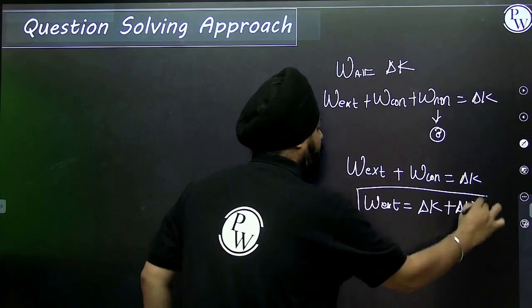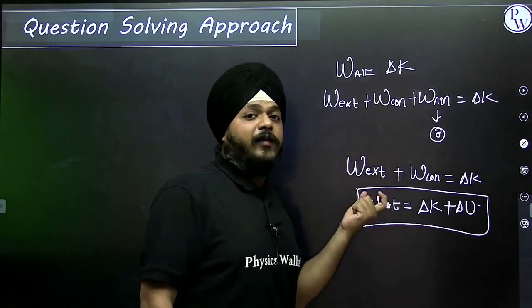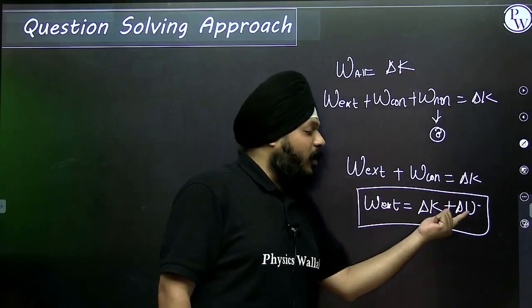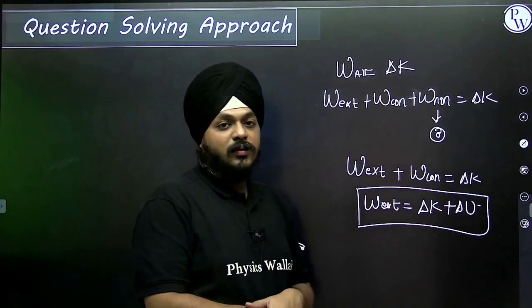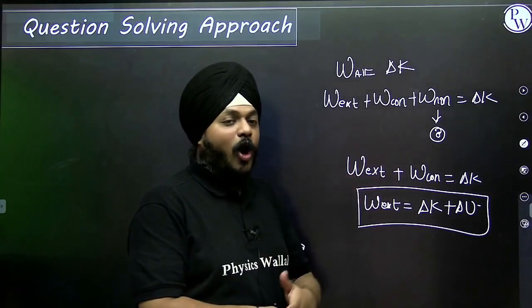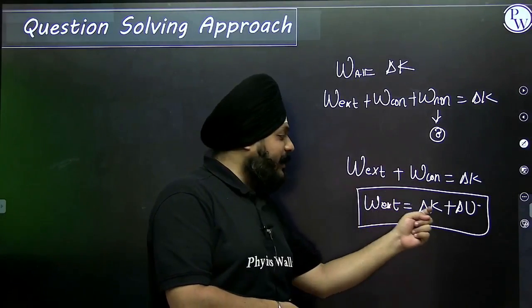Now, in our case, why did we take that formula in the previous case, that work done by external force is equal to delta U? Because work is done in such a way that delta K is 0.